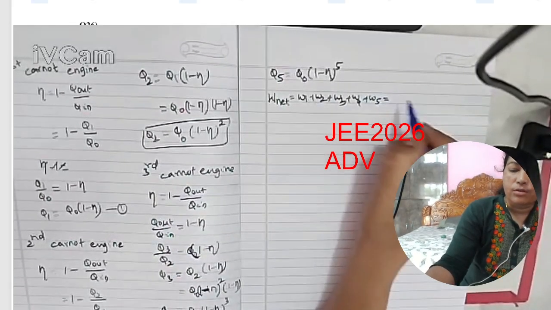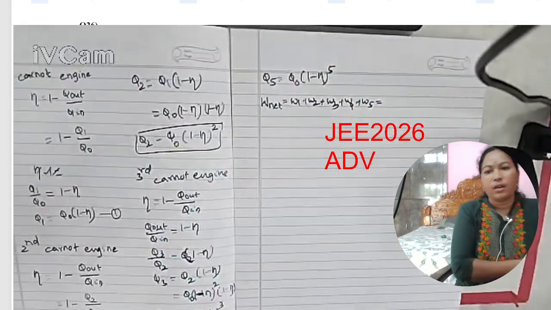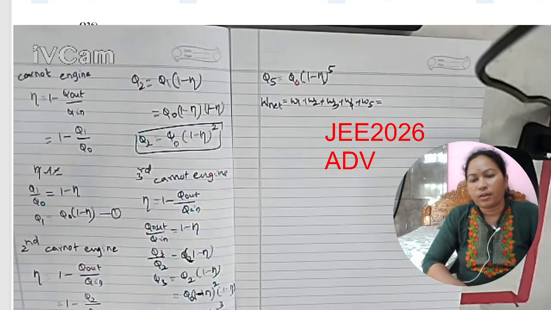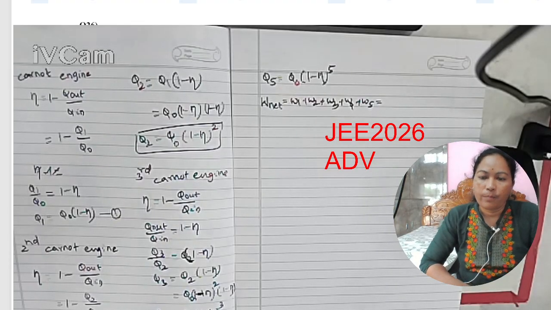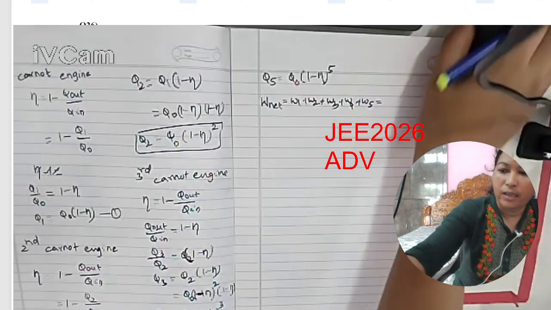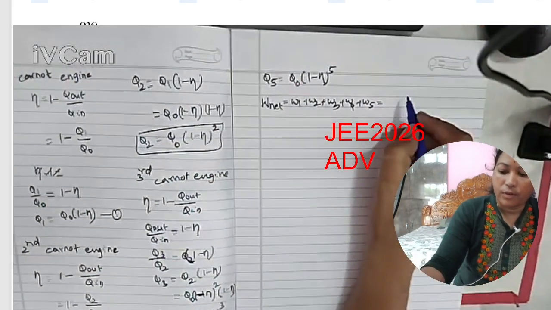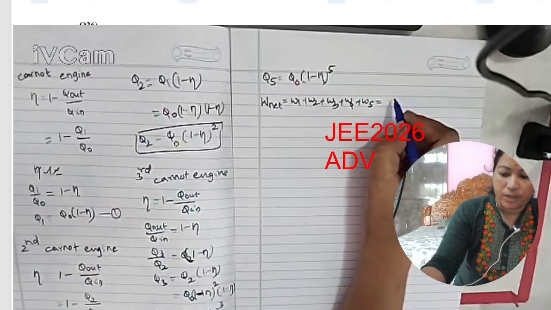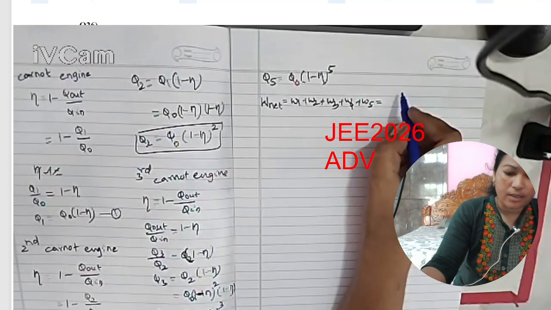That is equal to the work done by the heat transmission from the heat source. The heat is converted into the work. So what is the heat transmission in the Carnot cycle?